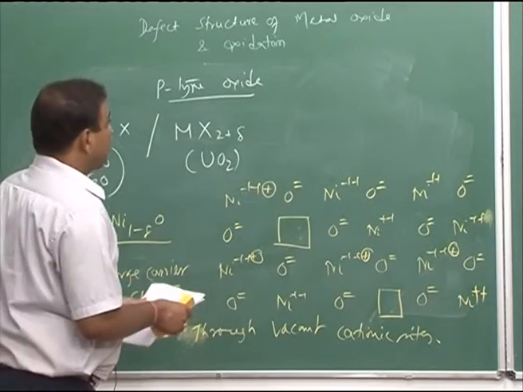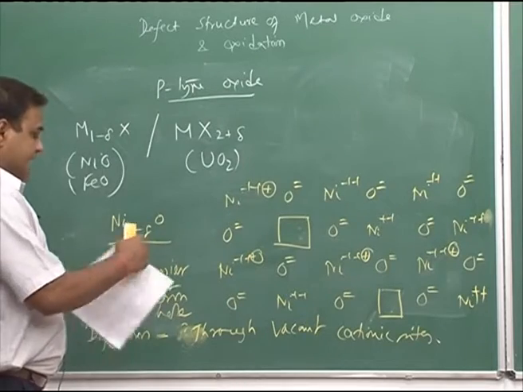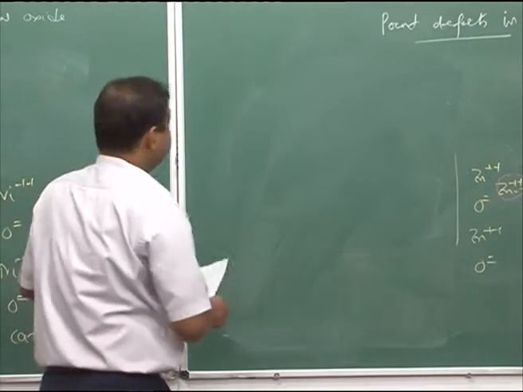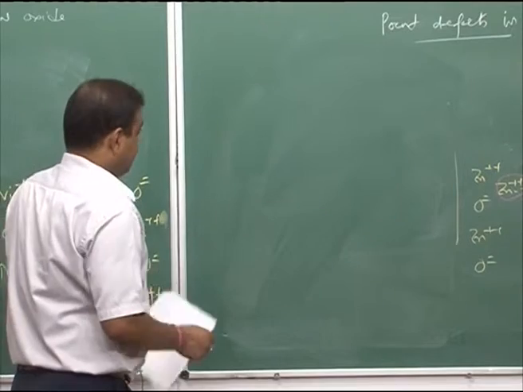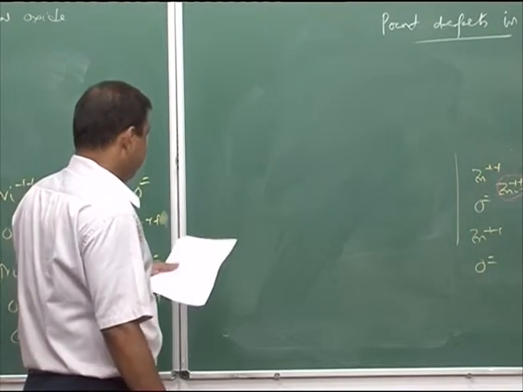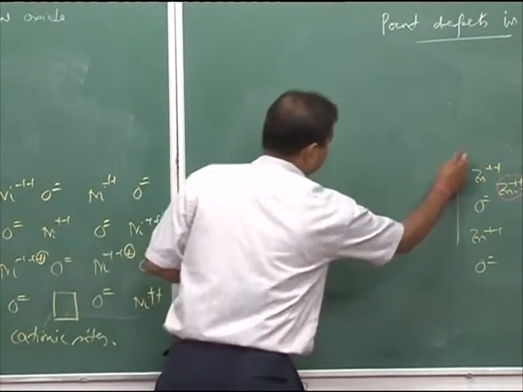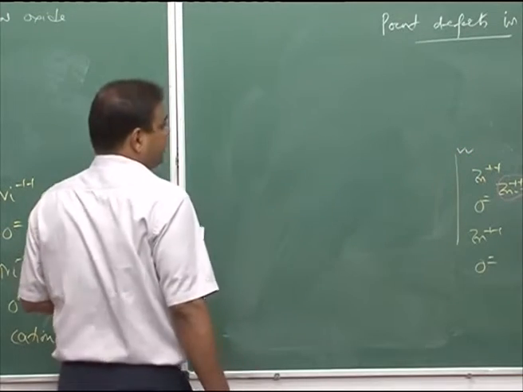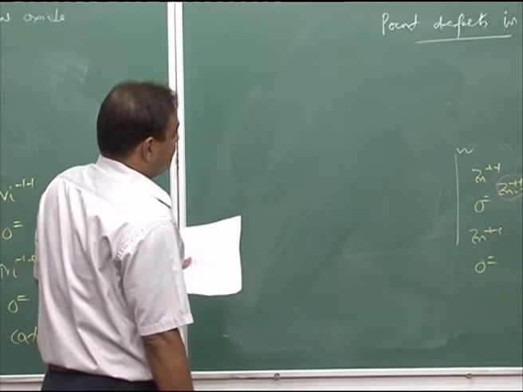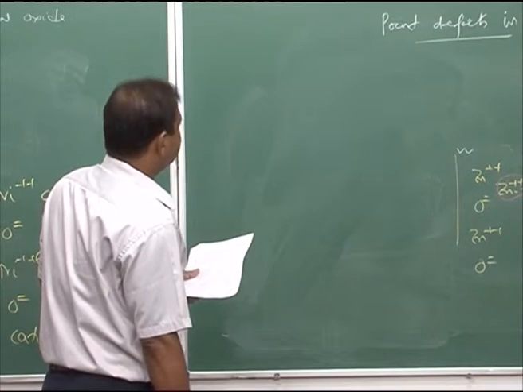So, the oxidation mode in p type and n type. Let us say we consider oxidation of metal excess oxide. So, zinc oxide, where we have excess metal cation in the interstitial position.